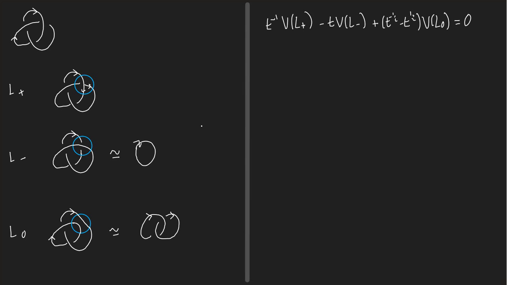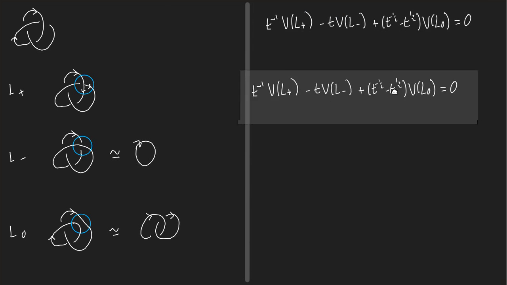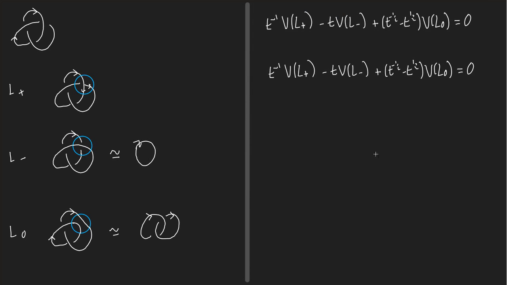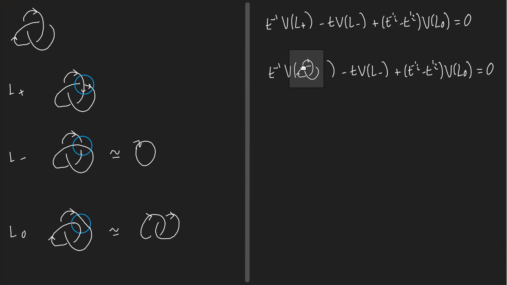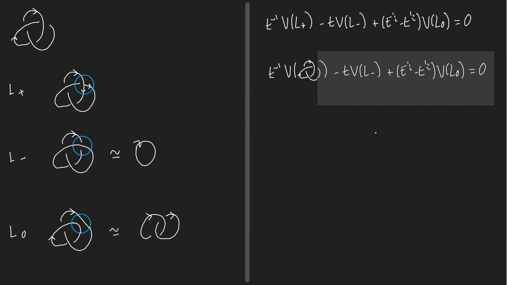Okay, so what does the skein relation tell us in this case? Let's take a new copy. Well, L plus was the thing we were interested in. The trefoil. So let's put that in there. Okay. And what was L minus?